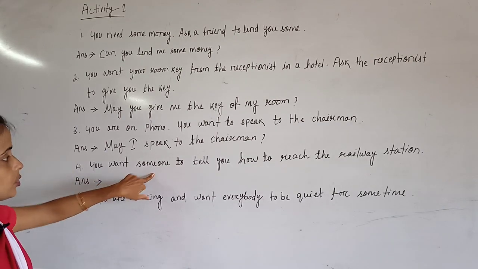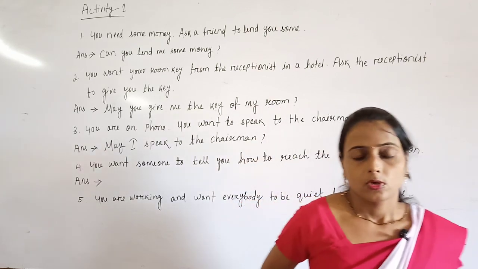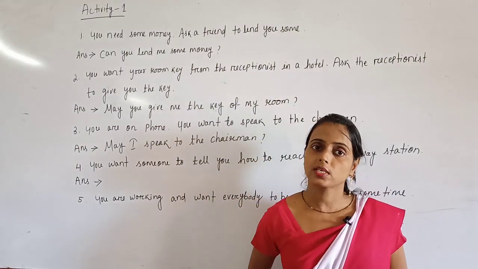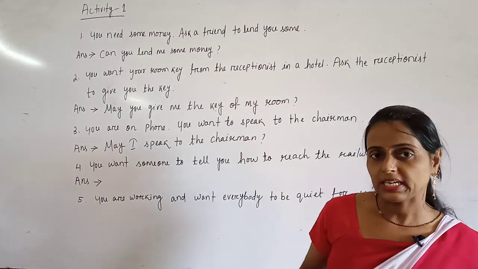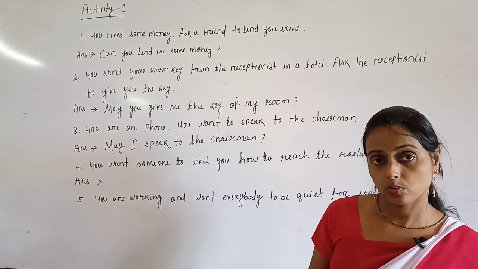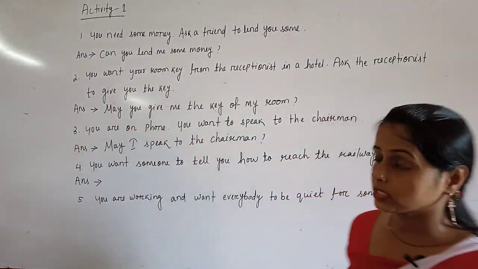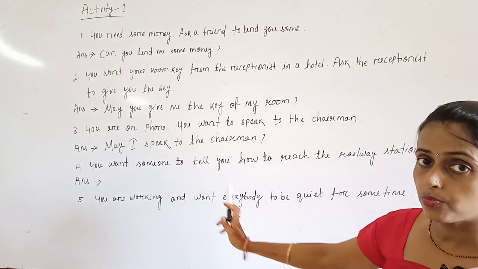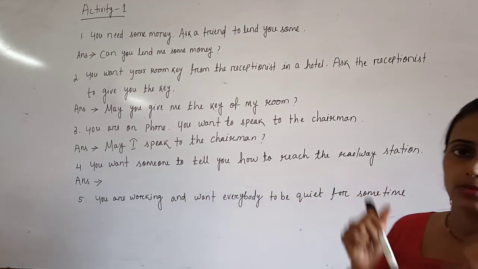You want someone to tell you how to reach the railway station. So here you want to be more polite and humble because you are asking. If the person will give you the wrong route, you will be diverted from your path. So here could or would is appropriate. So what can be the answer? Would you please tell me, or would you tell me the way to the railway station? Okay.